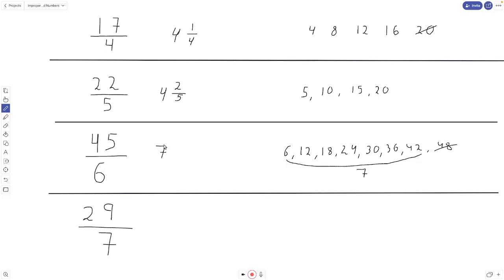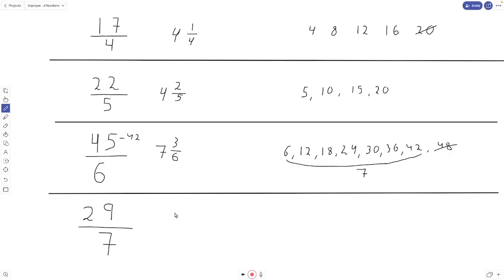And to make it easier for yourself, if you want to find out the remainder, what you do is you just do 45, and we reached 42, right? That was our maximum. So we do 45 minus 42, okay? And that's going to give you 3. So our remainder is going to be 3, and then like always, the denominator stays the same, 3 over 6. So 7 and 3 over 6 is our answer.